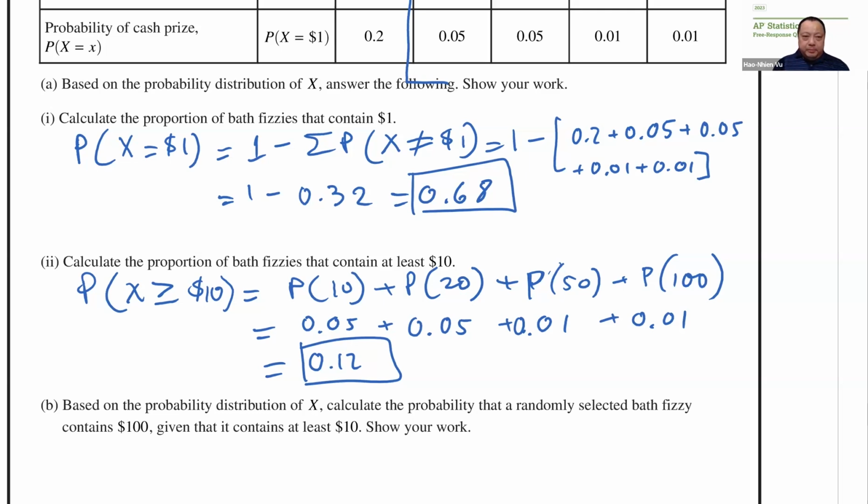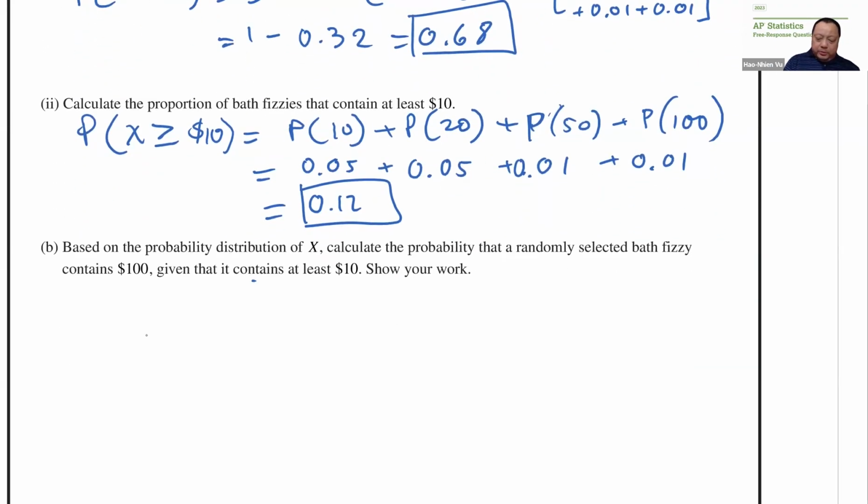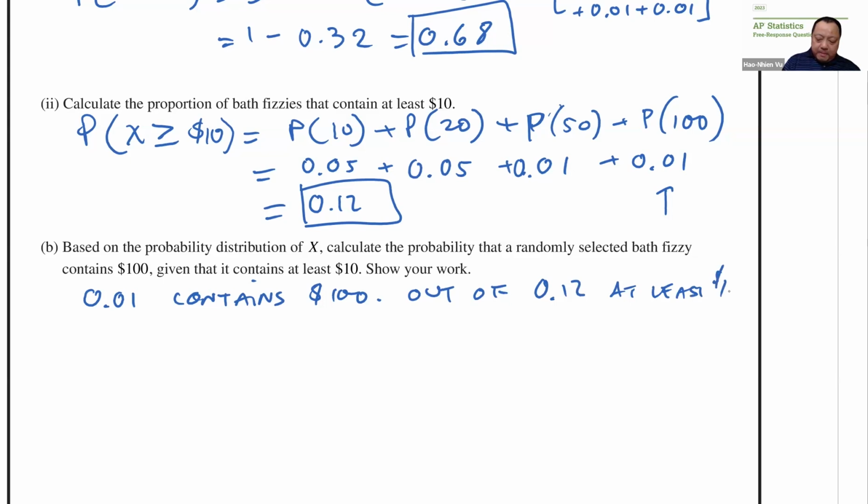Part B, based on the probability distribution of X, calculate the probability that a randomly selected bath fizzy contains $100, given that it contains at least $10. Well, the probability of containing $100 is 0.01, out of 0.12 for at least $10.